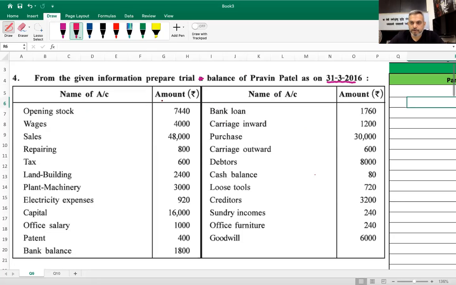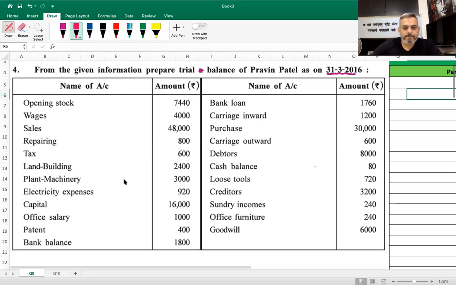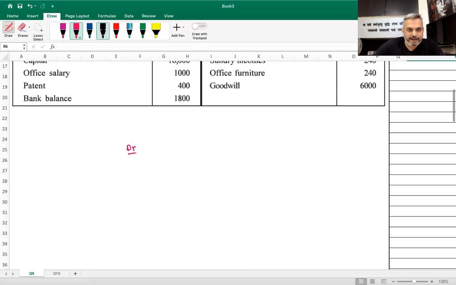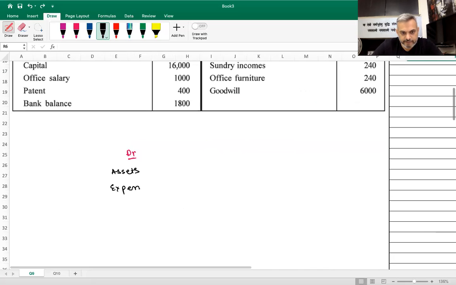So the name of the account is given and the amount is given. Now we have to see whether it is a debit balance or a credit balance. How would we come to know? On the debit side, all assets will come and expenses will come.